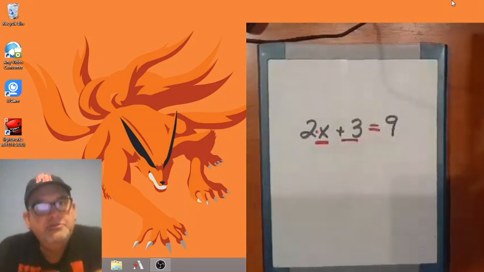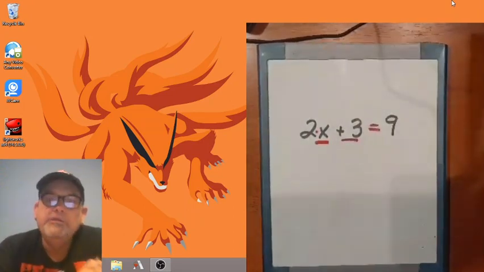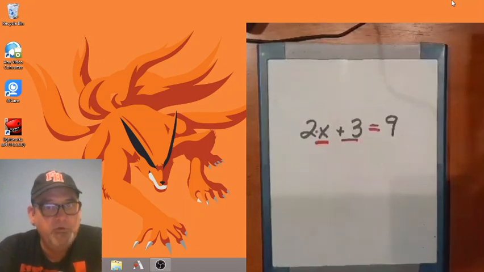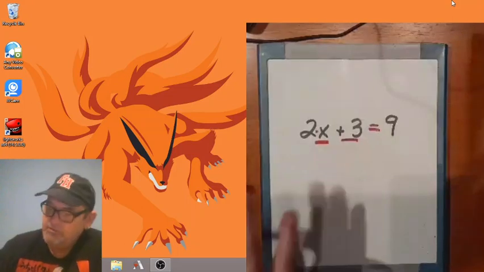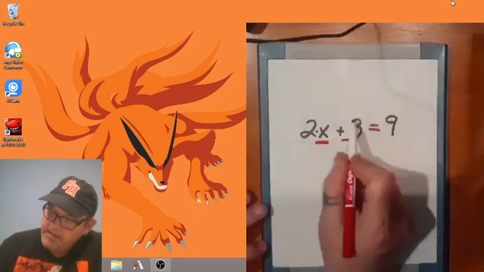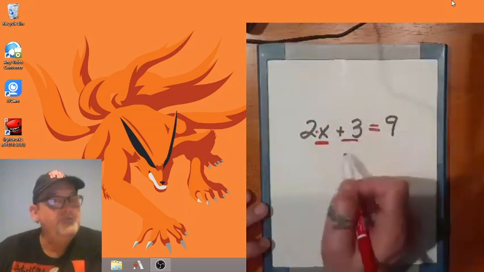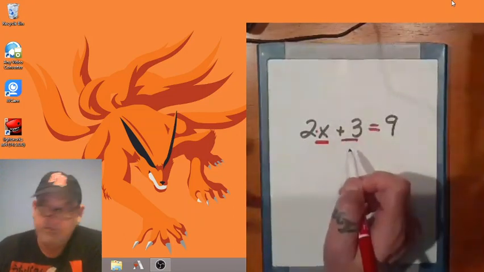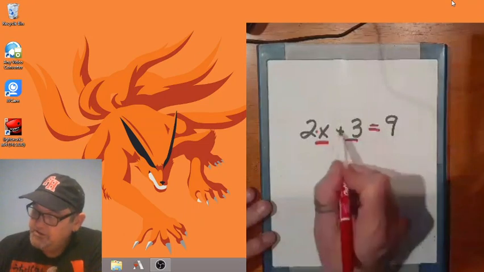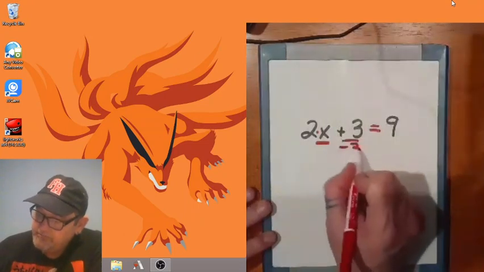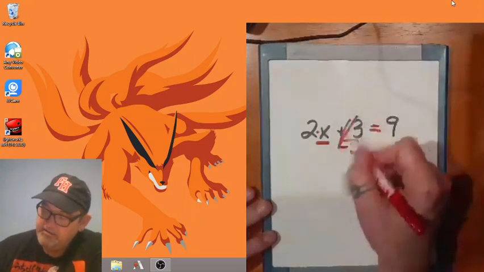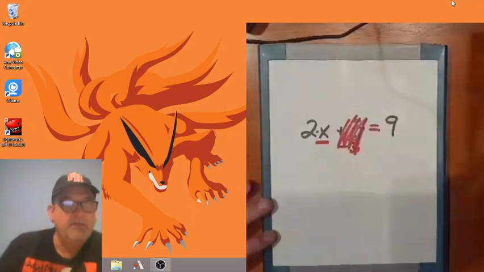When you solve a 2-step equation, you always do the add subtract part first. Always, okay? So here's my add subtract part right here, plus 3. I need to do the opposite in order to get rid of it because I need x by itself. So I'm going to subtract 3. So 3 minus 3 cancels out and gives me nothing.